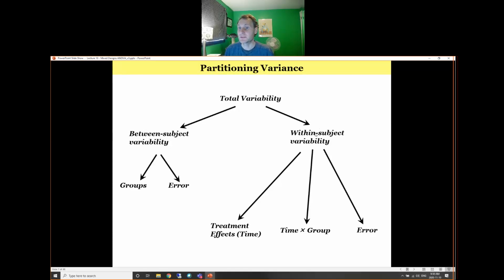Likewise, we have within subjects variability. Here we have an effect of the treatment, or in this case, it's just time, the passage of time. How much is due to the passage of time? But you also have an interaction term. How much is due to the effect of time, but also the type of group that you're in, so the time by group interaction. And then likewise, what's left over is error.